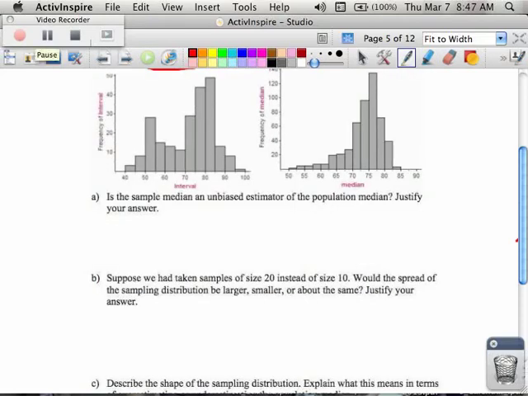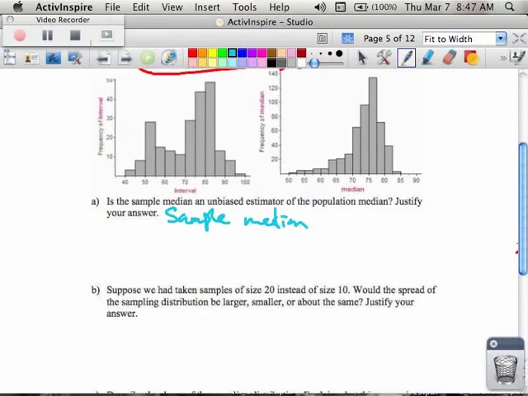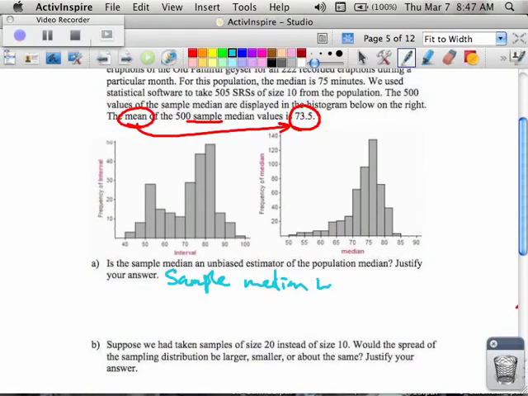As I look at A and they ask about the sample median, we know that the sample median was 73.5, but the population median was 75.